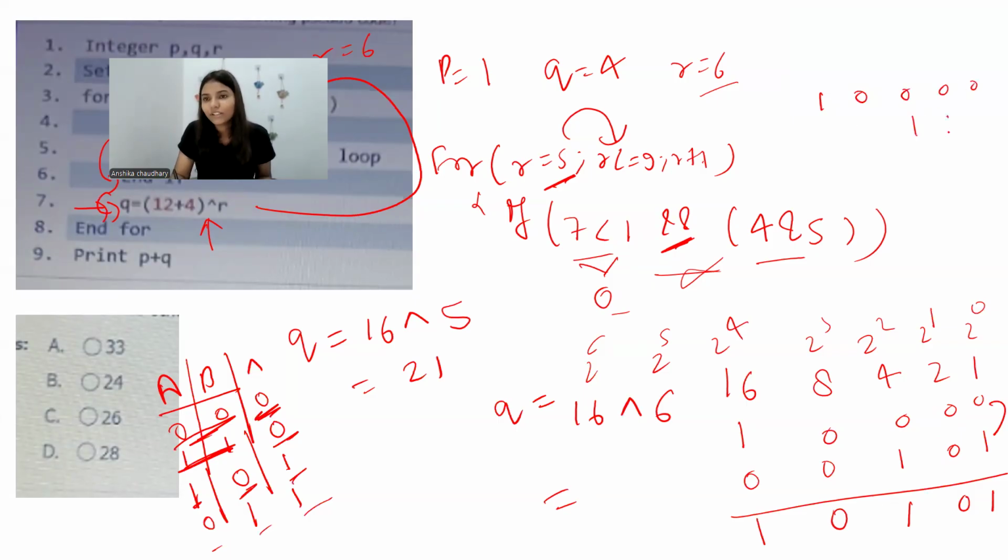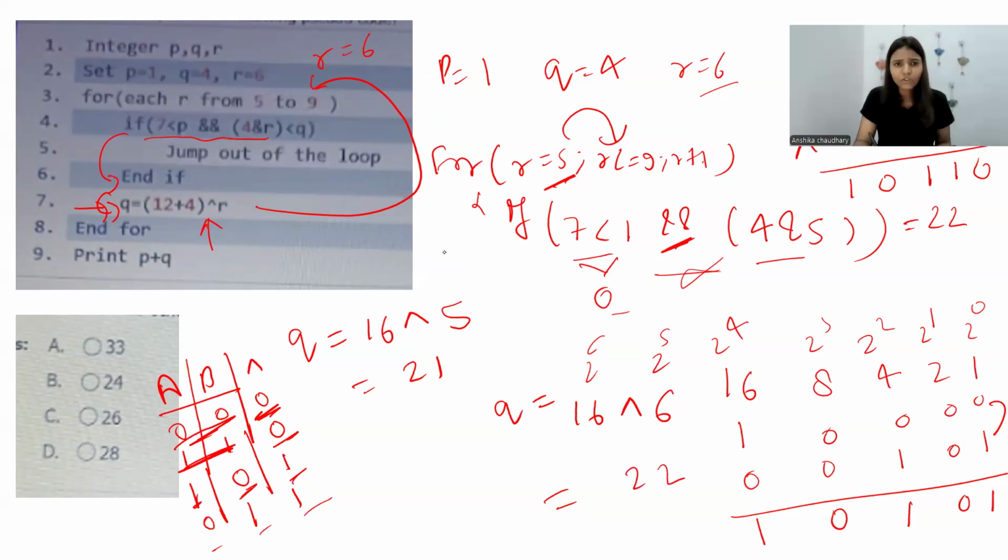Right? And 6 is 1, 1, 0. Okay. Let's take XOR. Same, 0, different, 1, different, 1, 0, and 1. So what will it become? 16 plus 4 is 20, and plus 2 is 22. Right, so it will become 22. So the answer of this is 22.